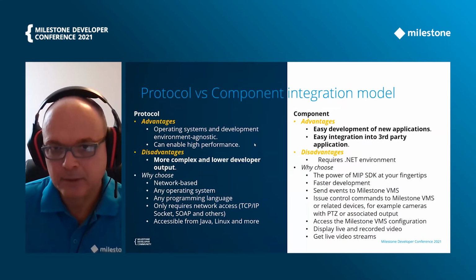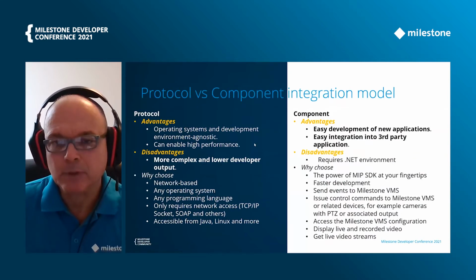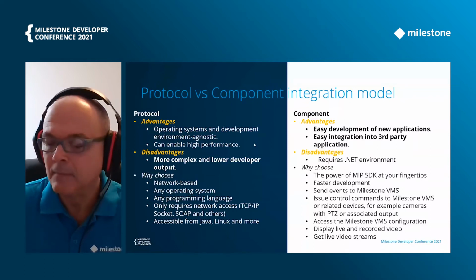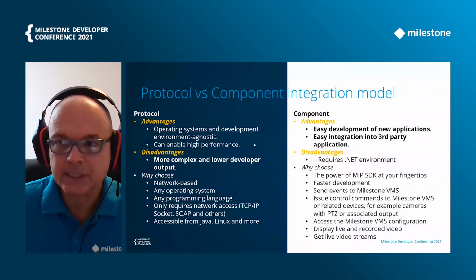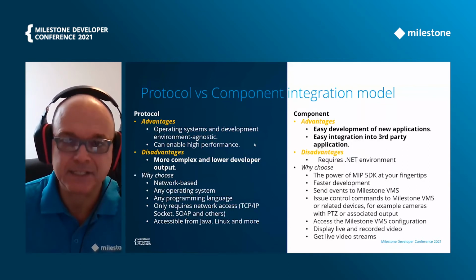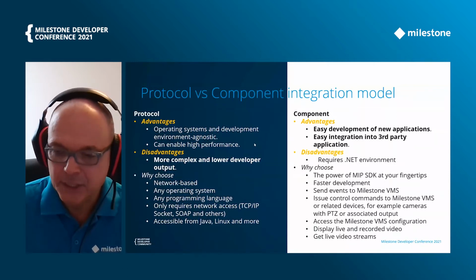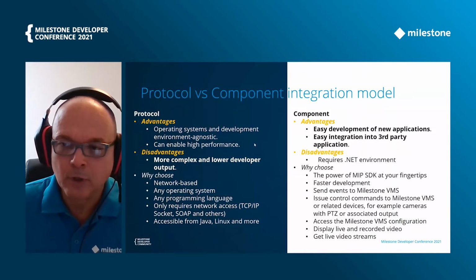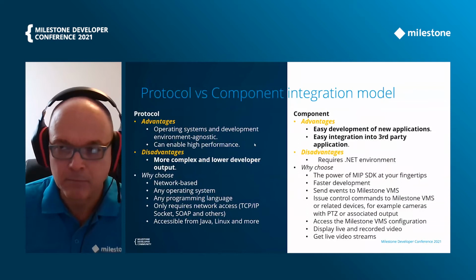The thing with protocol integration is that it is more complex, and the standard developer could have a lower output. So if you could use component integration, then we could have the power of the MIP SDK at your fingertips for faster development, for easier interaction with the XProtect system, and with a lot more control over what is sent and received to and from XProtect.